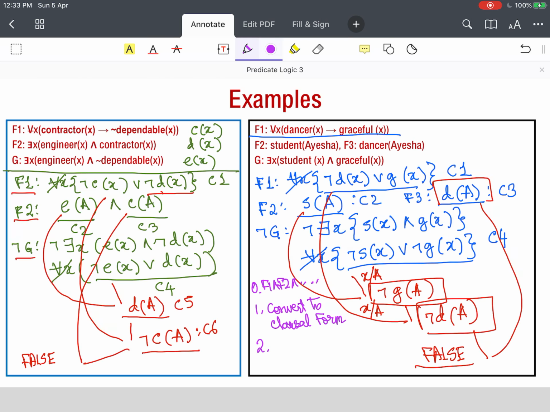But before the 6 steps, we do F1 and F2 and so on and so forth, and not of G. And then we apply the resolution rule. And in this resolution rule, we need to do substitution and unification. And we need to use the most general unifier. And we repeatedly apply the resolution rule to prove unsatisfiability.